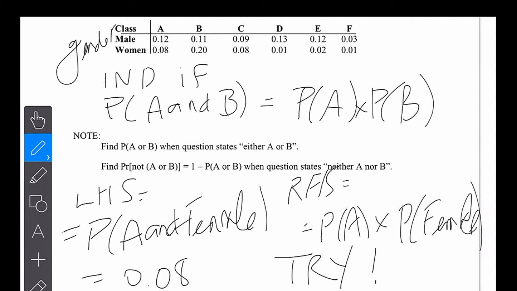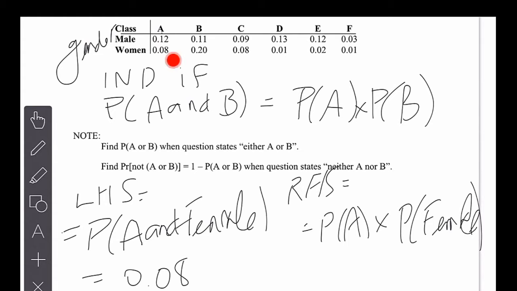Okay, I don't see any answers, but let's see if I can help. All right, so to find the probability of A, this is the probability of A and male, and this is the probability of A and female.